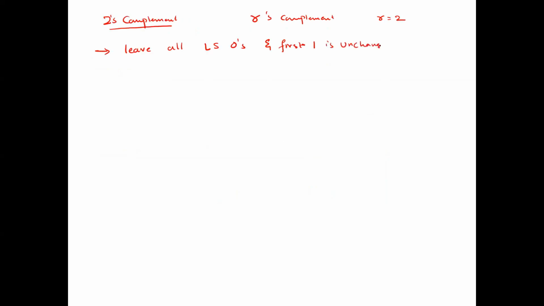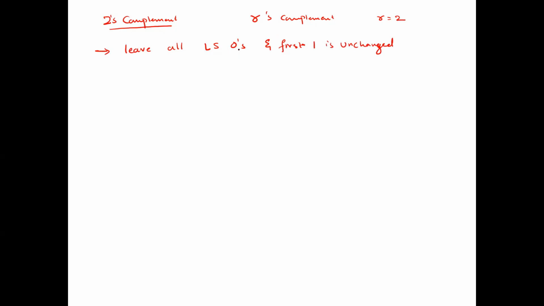Similarly, for 2's complement. Now, what is it for 2's complement? It says you need to leave all the least significant zeros and the first one, meaning the first non-zero. You are not going to get 2 or 3 because it is a binary number system. If 0 is not there, then the digit could be 1 only, right?